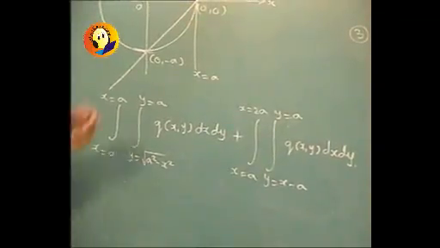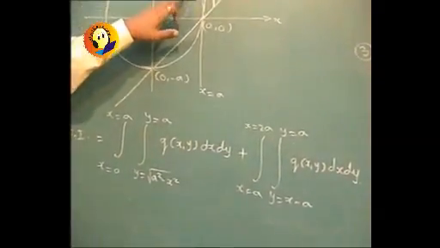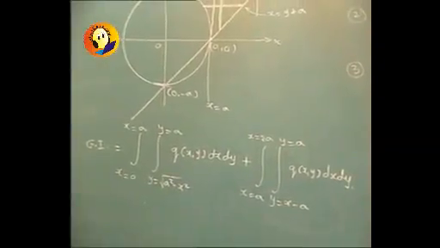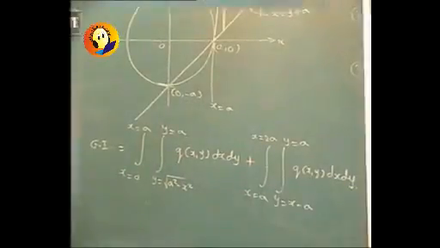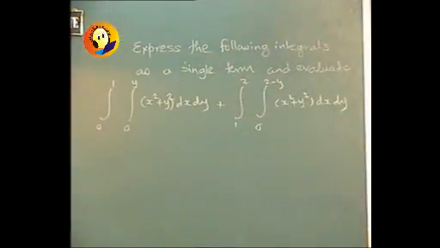This is one of the areas which are not very well expected for us. Based on change of order of integration, we could have a problem as shown over here, that is, express the following integrals as a single integral and evaluate.